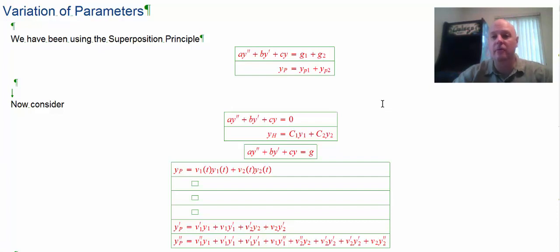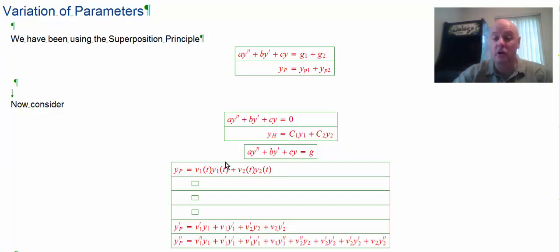So variation of parameters is a method to get the particular solution. Now if I take a linear combination, in other words a constant times y1 plus a constant times y2, I know if I sub that into the left-hand side of the differential equation, 0 will come out. That's the homogeneous solution. So our idea here isn't to take a constant and a constant, it's to take a function times y1 plus a function times y2.